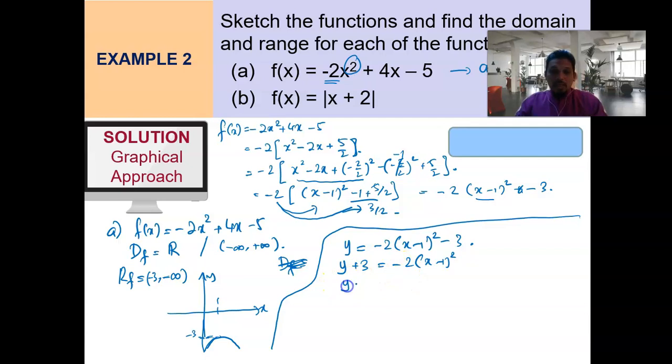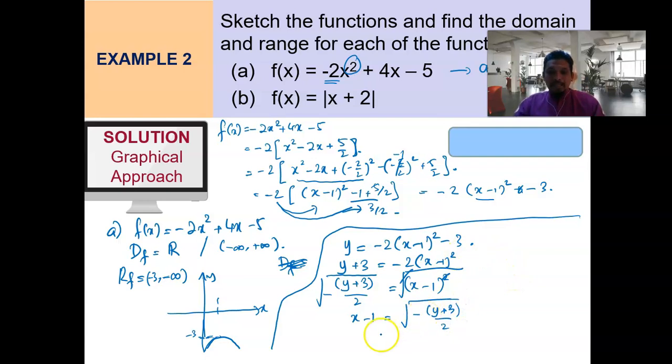Then you get negative (y plus 3) divided by 2 equals (x minus 1) squared, and we square root left and right to eliminate the square. Then x minus 1 equals the square root of negative (y plus 3) divided by 2, and x equals 1 plus the square root of negative (y plus 3) divided by 2.